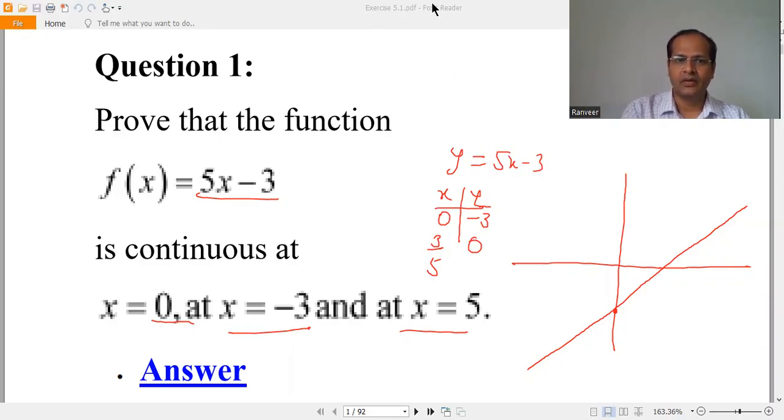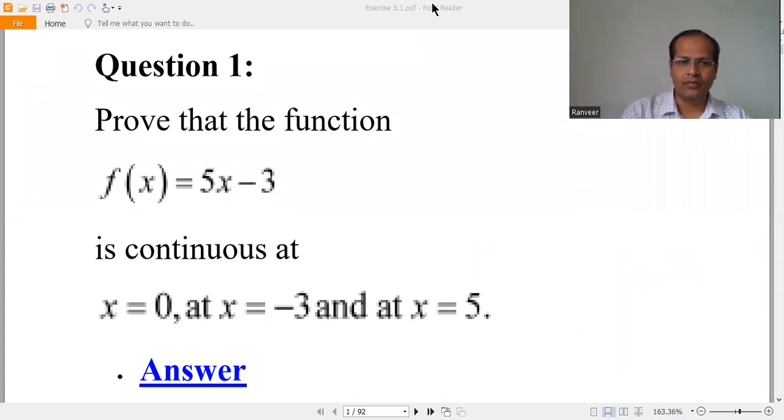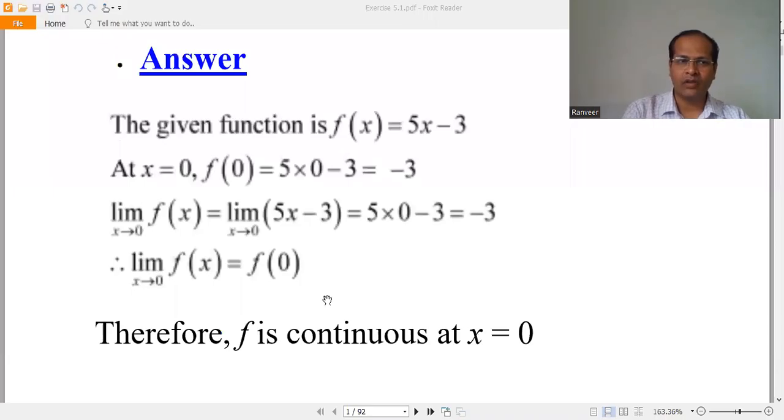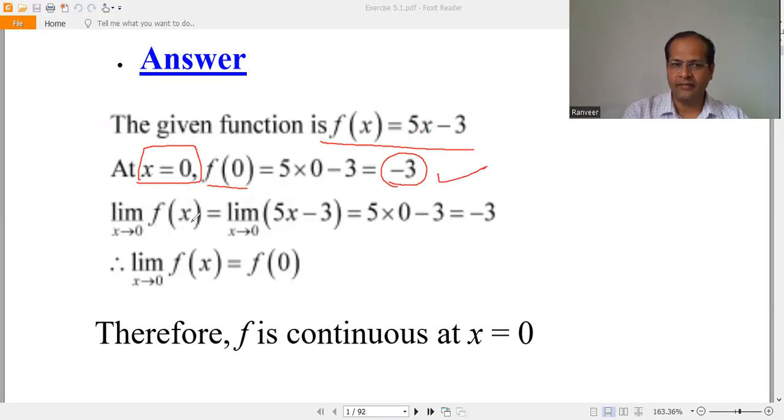Now, when we want to prove this is continuous in mathematical format, f(x) equal to 5x minus 3. At the particular point 0, we have to find the value: f(0) equal to 5 into 0 minus 3, this is minus 3. Then limit x tending to 0 of f(x), we have to find out. In this case, we find the left and right hand limits.